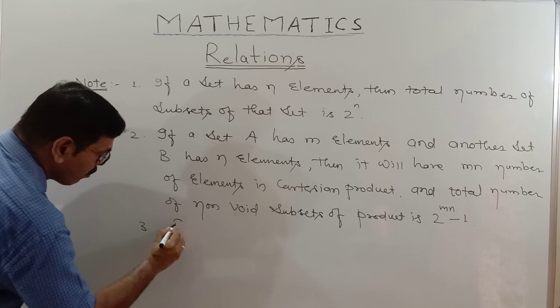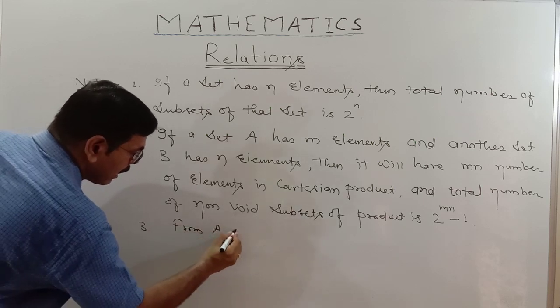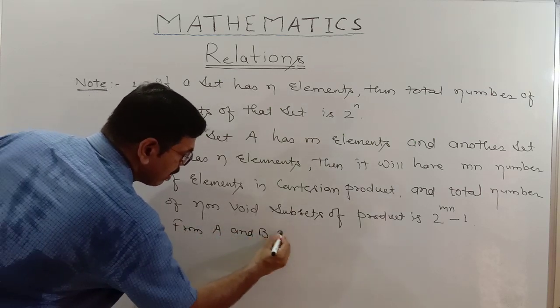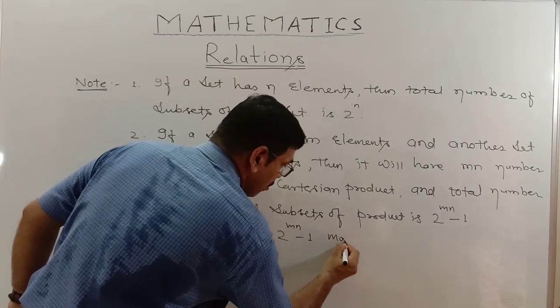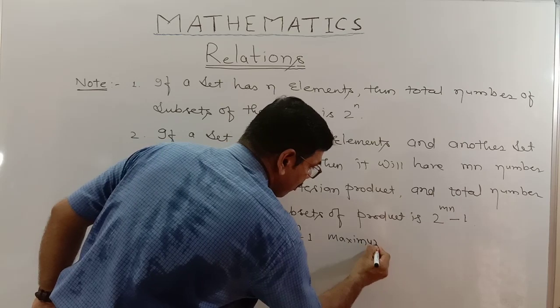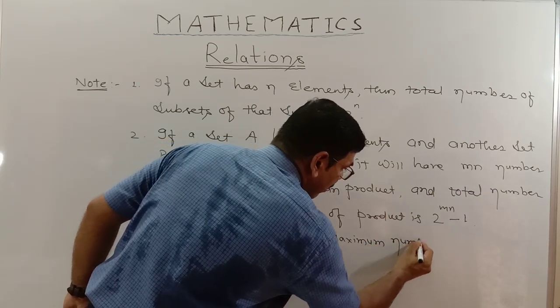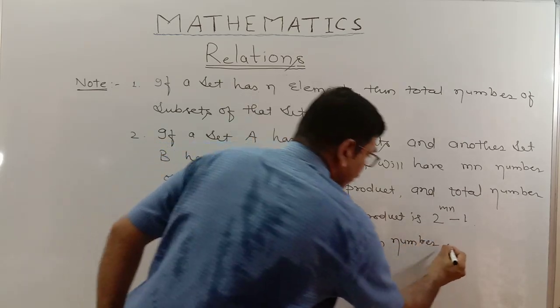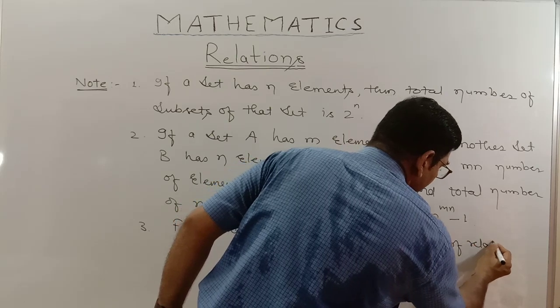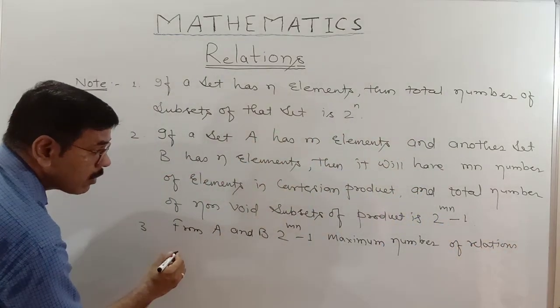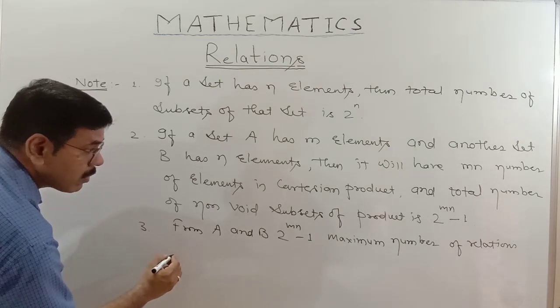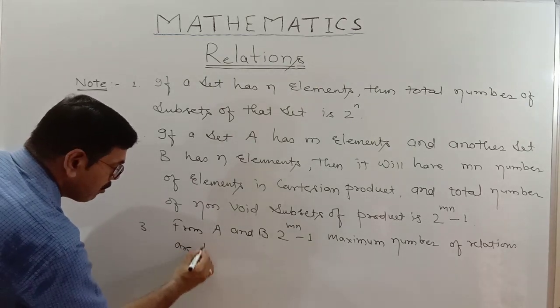So from A and B, at most 2 to the power mn minus 1 relations are possible.